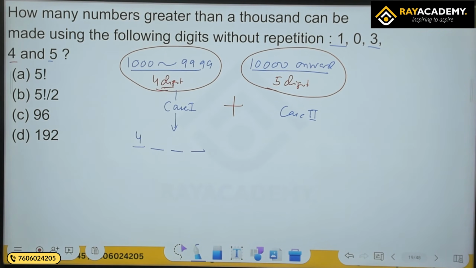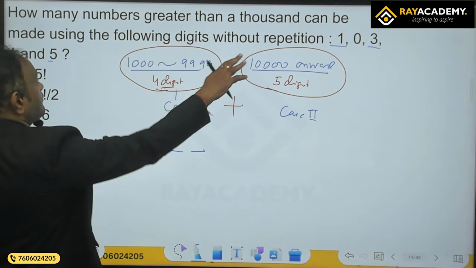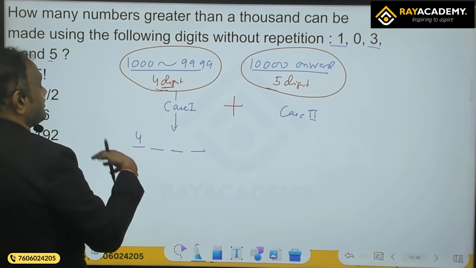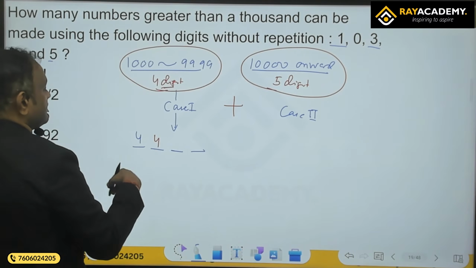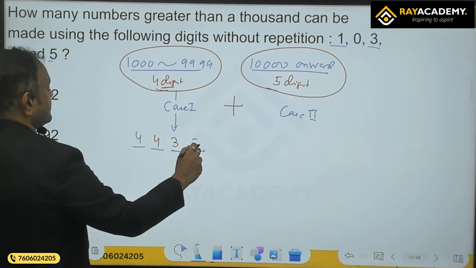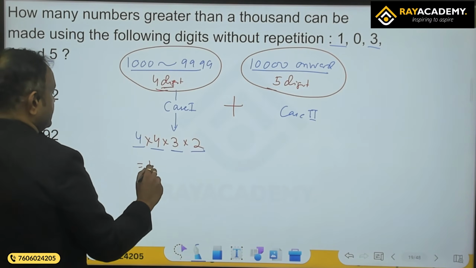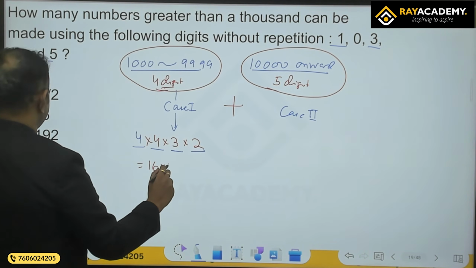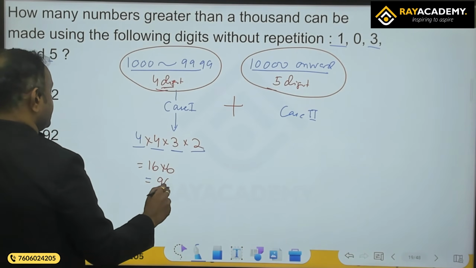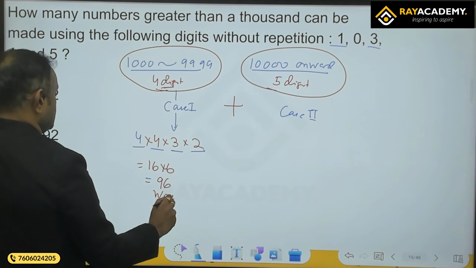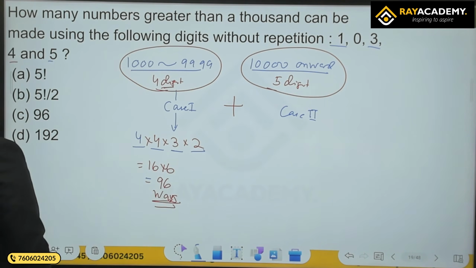Now one place is filled, so out of 5, one digit is used. For the next place there are 4 ways, next place 3 ways, next place 2 ways. So 4 into 4 into 3 into 2, that is 16 into 6, which is 96 ways. This is the number of 4-digit numbers you can make.